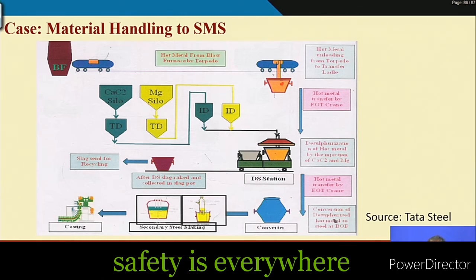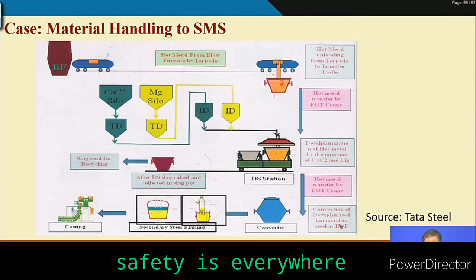There, the desulfurized hot metal is converted to steel in the BOF, the basic oxygen furnace. So this is the total hot metal handling in a steel plant, and the UT crane is used for transfers.